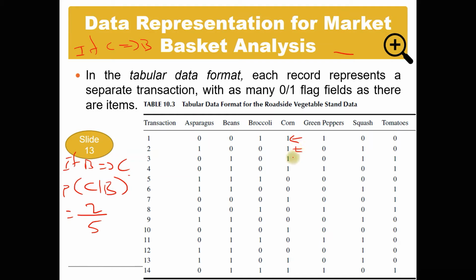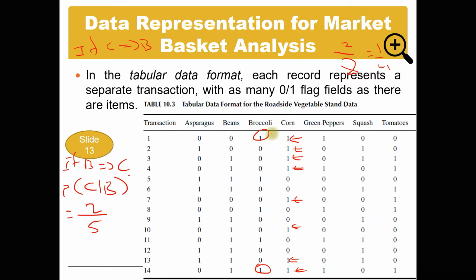So out of those who buy corn, how many do you have? 1, 2, 3, 4, 5, 6, 7, and 8. And out of these 8, how many bought broccoli? I think you already see that it is only 2 that bought broccoli. So it is 1 out of 4. So you can convert that into percentage as well.